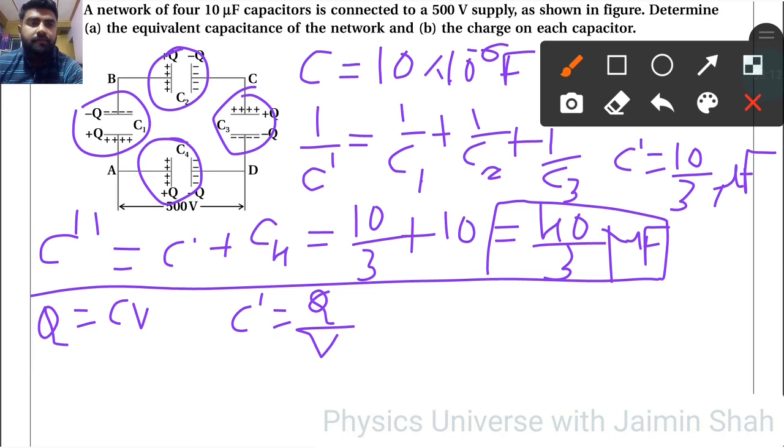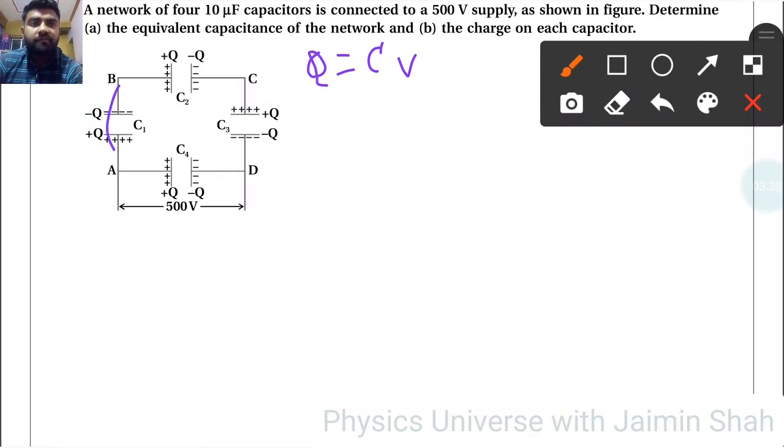So here Q is equal to C, that is 40 by 3, that is 13.33, right?